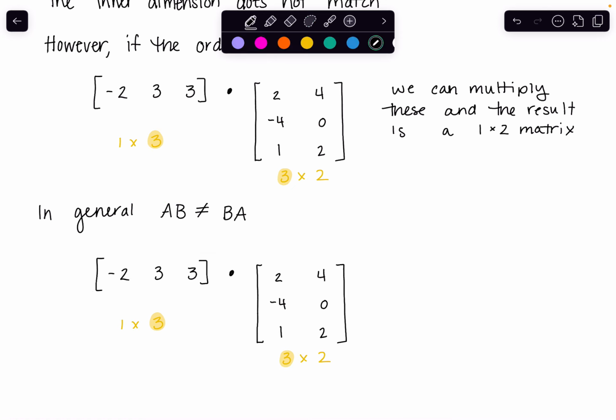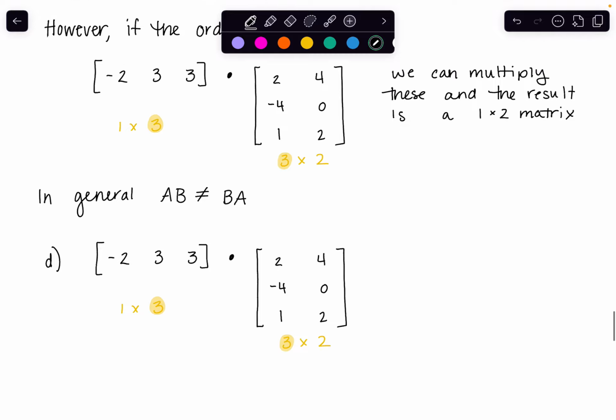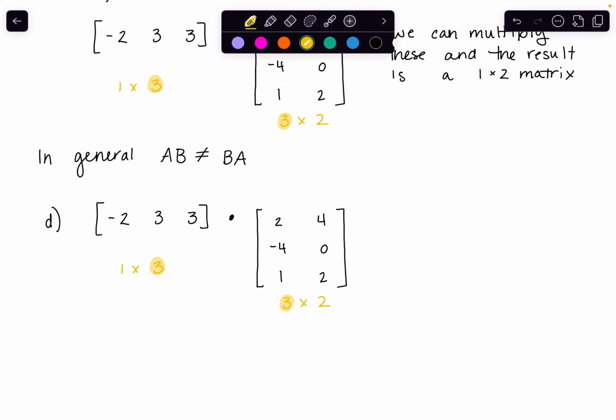Let's call this one D. Okay. So again, my result is a 1 by 2. So that means there is 1 row, 2 columns. So the first element's first row, first column, first row, second column.